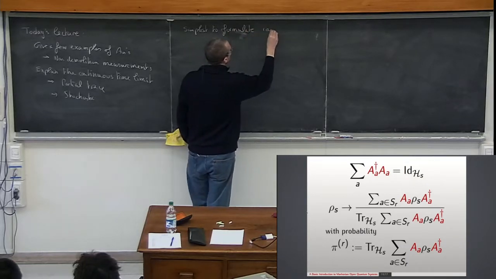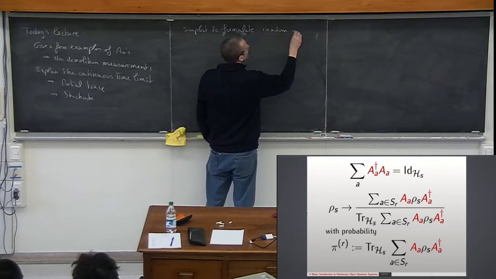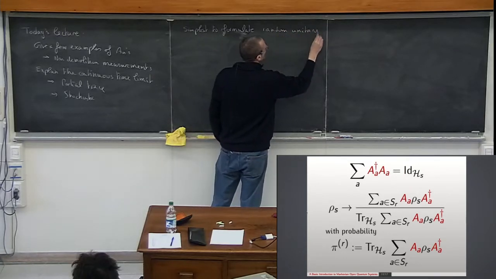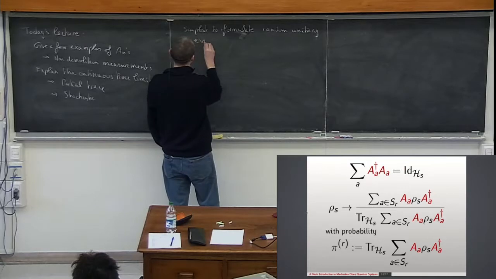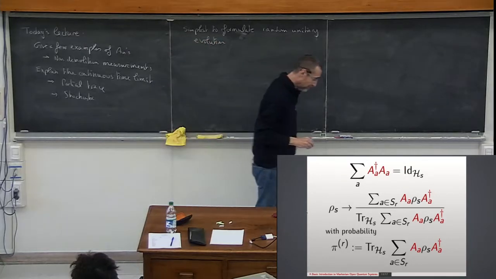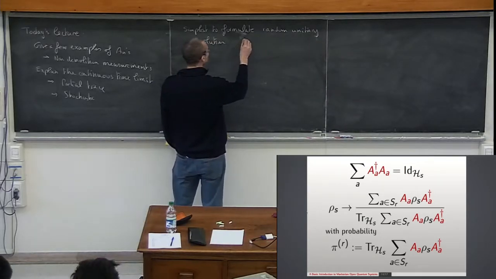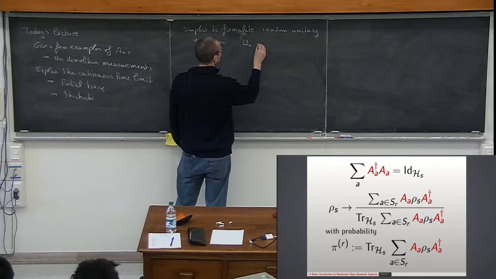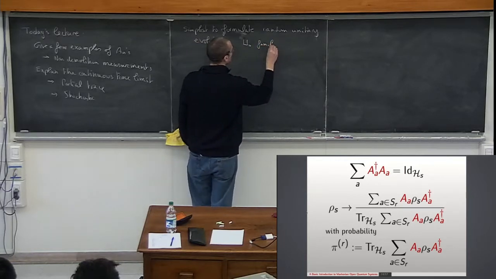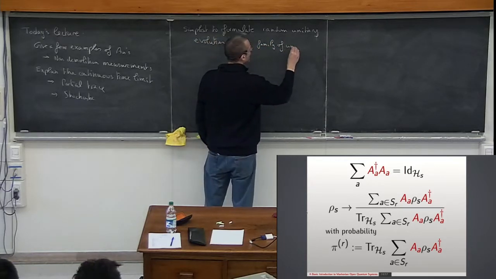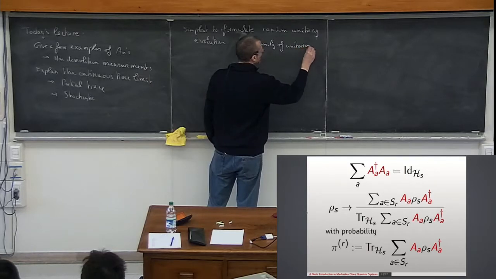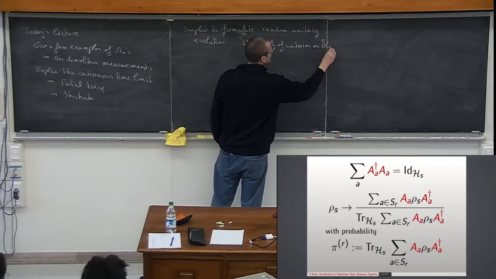And it's what I would call random unitary evolution. And what is it? You imagine that you have a family UI, a family of unitary operators, that act on the system.